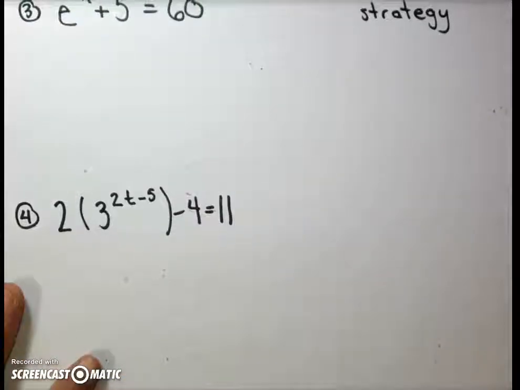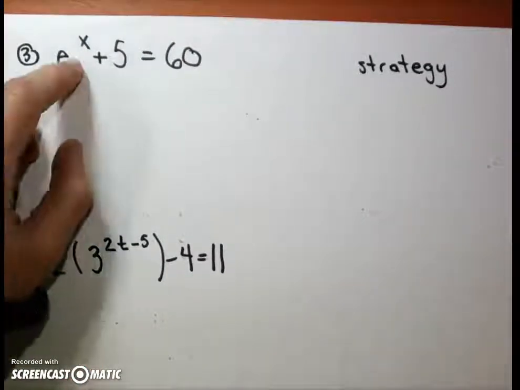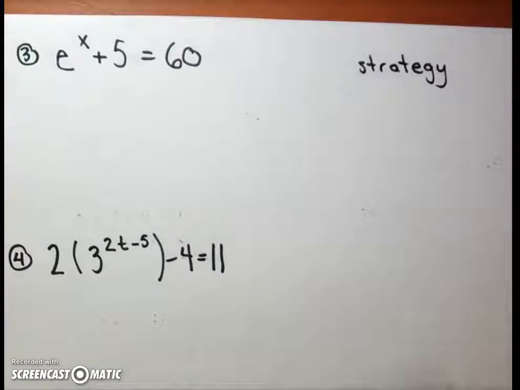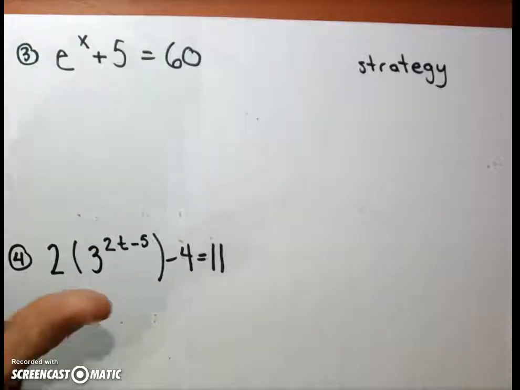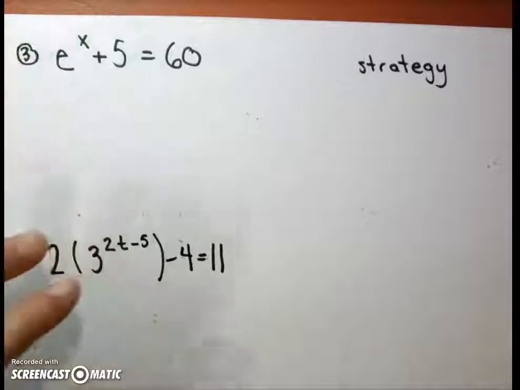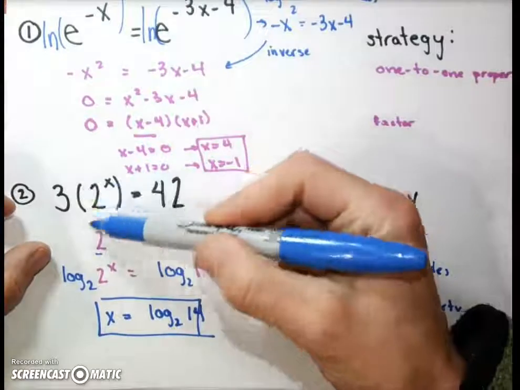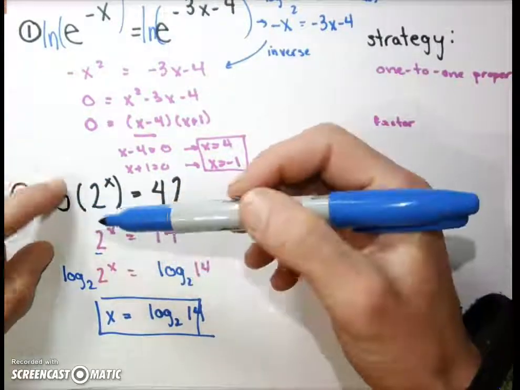So let's continue. Here I have e to the x plus 5 equals 60. So I need to get at this x. Let's try to isolate it. The first step toward isolating it is isolating the whole term e to the x. Sort of like in our last example, the first step toward isolating 2 to the x was getting rid of this 3.